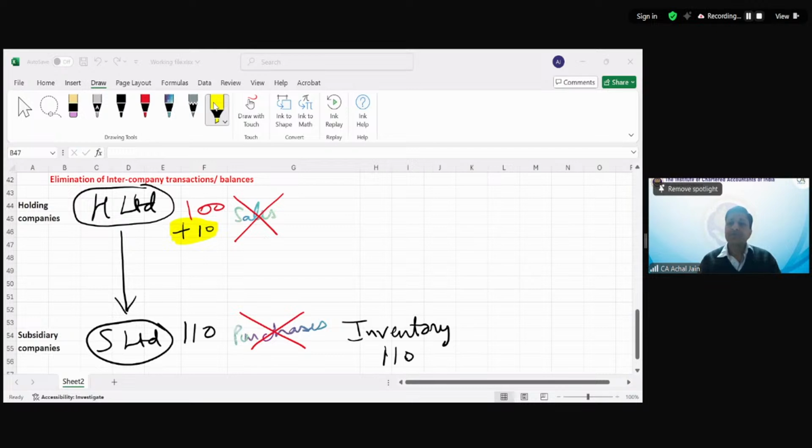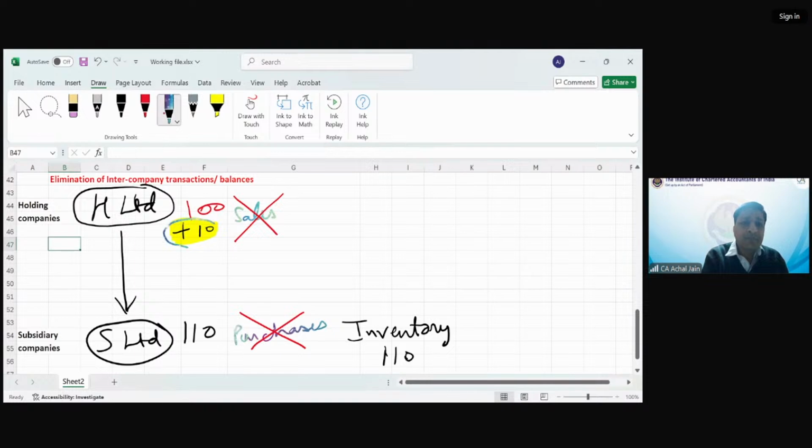Yes. But now, just because there is a transfer between the group companies, even though this profit is not realized by the group, that inventory which should have been recorded at 100 will now get recorded at 110.